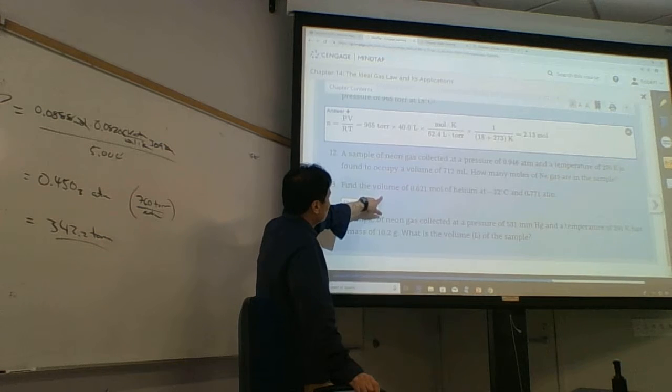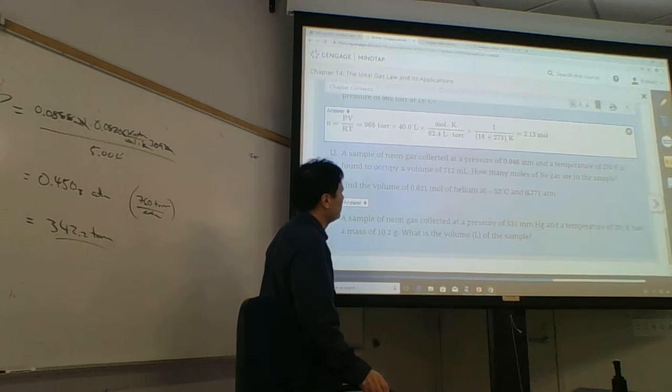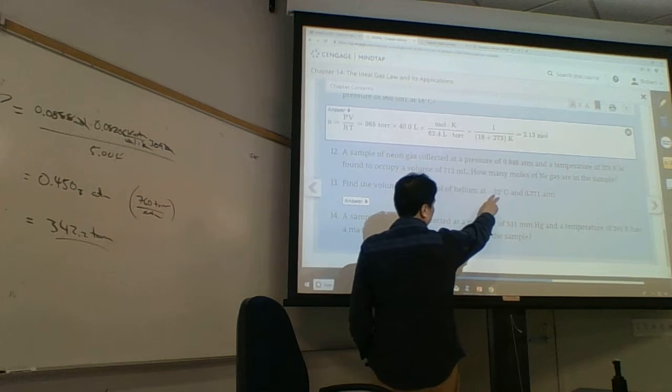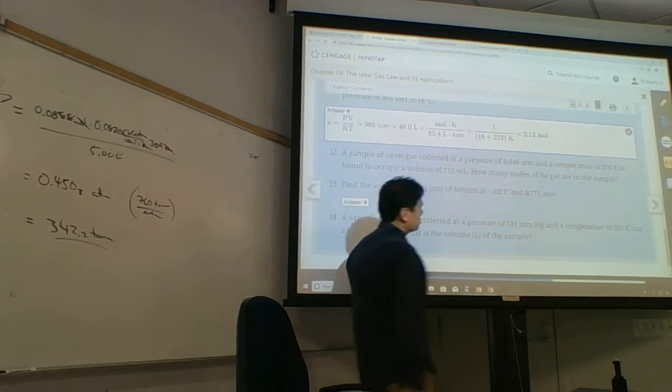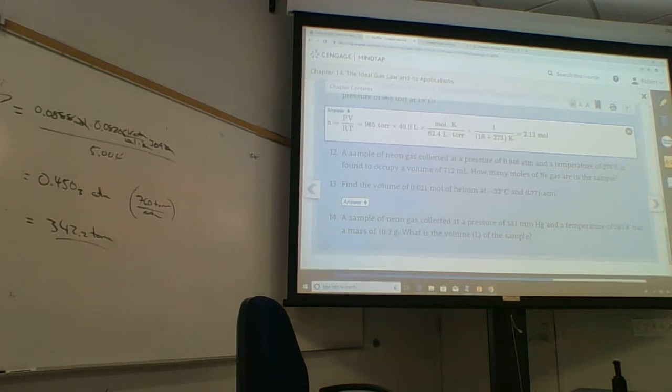13. Find the volume of 0.621 moles of helium at minus 32 degrees C and 0.771 atmospheres. So we're solving for V in this case. Moles is okay, temperature we have to change to Kelvin, and pressure is okay in atmospheres. And so they should be using the other value of R here.